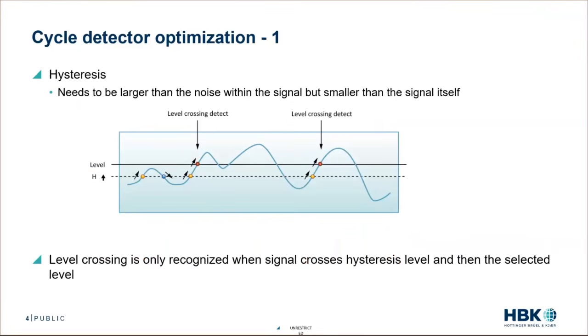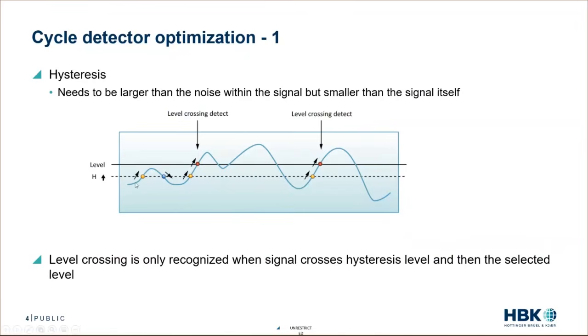We have several tools that allow you to optimize your cycle detect. The first of those is hysteresis. What hysteresis does is you set a hysteresis value, and that creates a hysteresis band below the level that you're searching for. You want the hysteresis to be larger than the noise within your signal, but smaller than the signal itself.